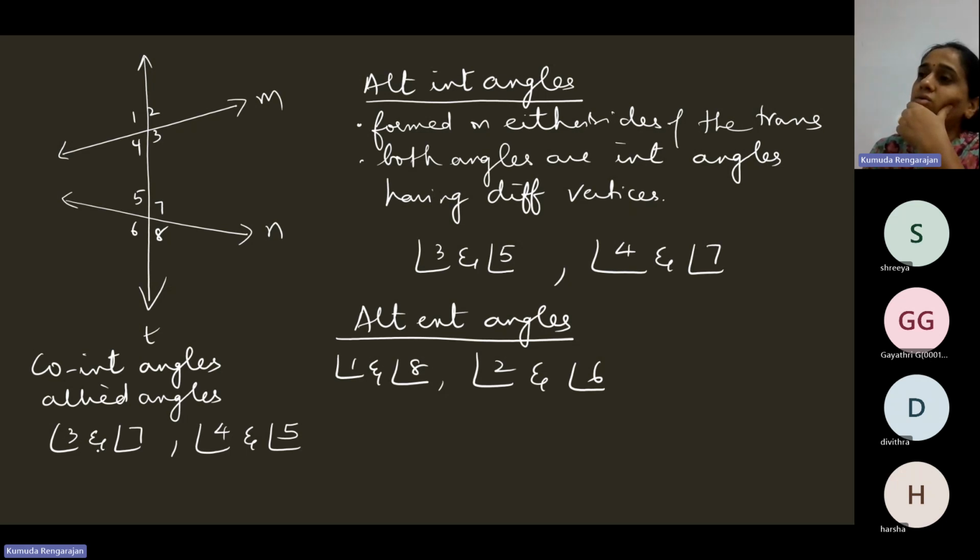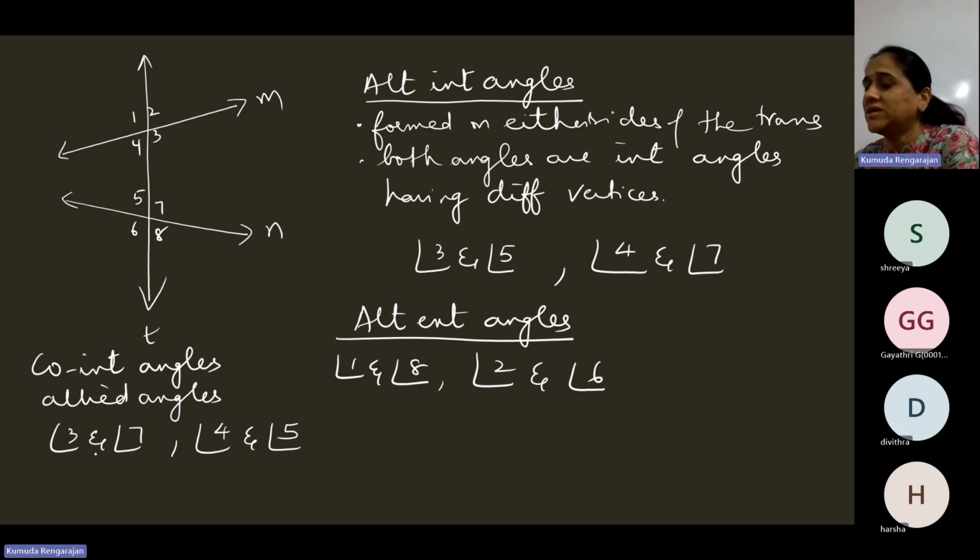So what are co-interior angles? Co-interior angles are interior angles on the same side of the transversal. Now see the term co-interior. Don't we say co-passenger? Co-passenger means passengers on the same bus, or somebody sitting next to you in the bus.